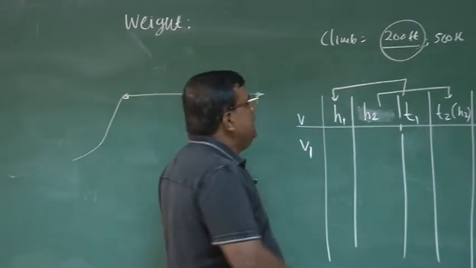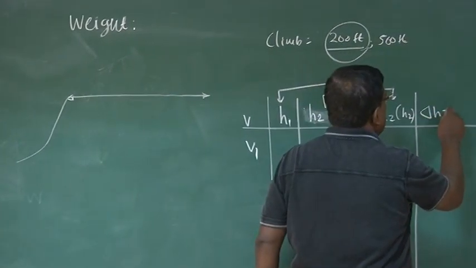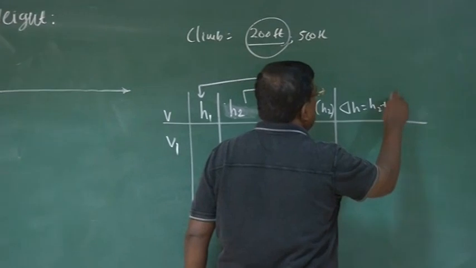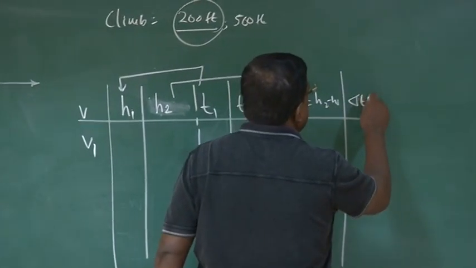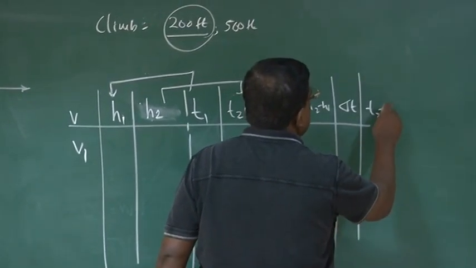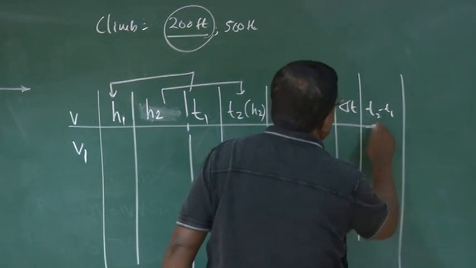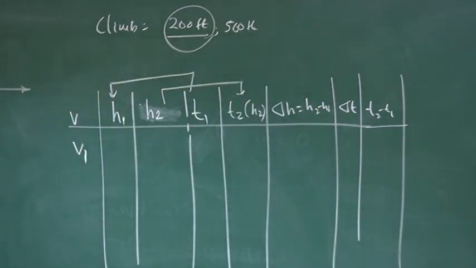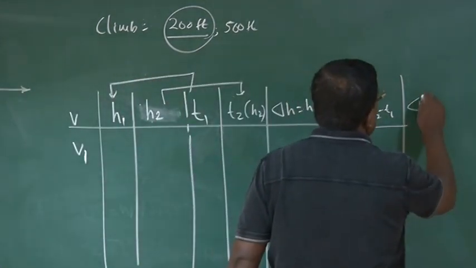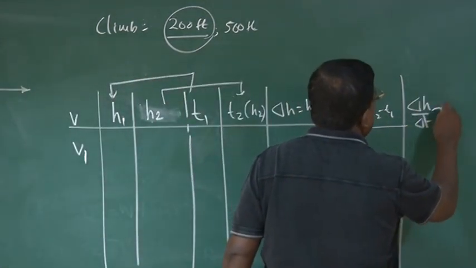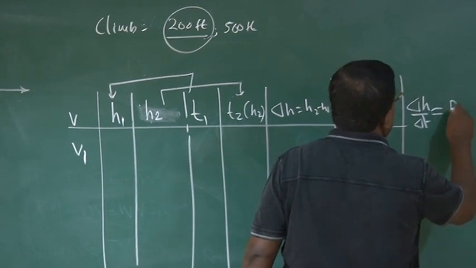You have delta H equal to H2 minus H1. Also you have got delta T, which is T2 minus T1. Right? So now approximately, delta H by delta T is the rate of climb.